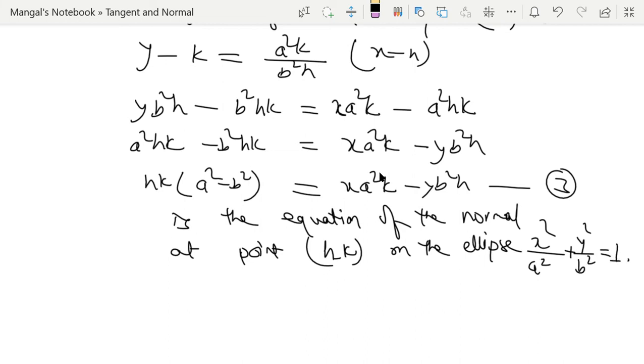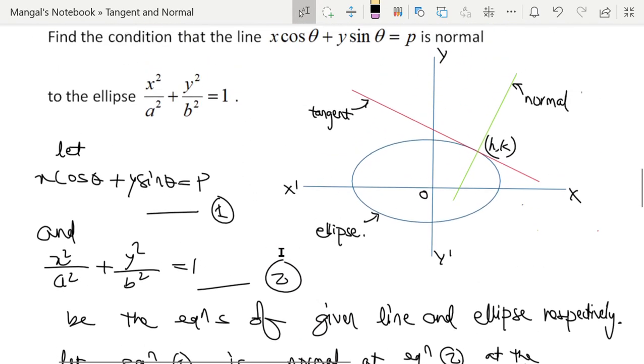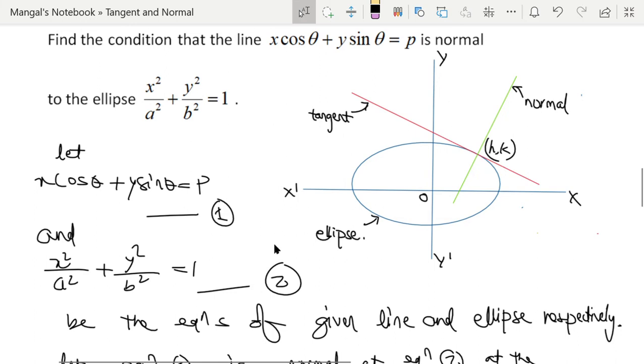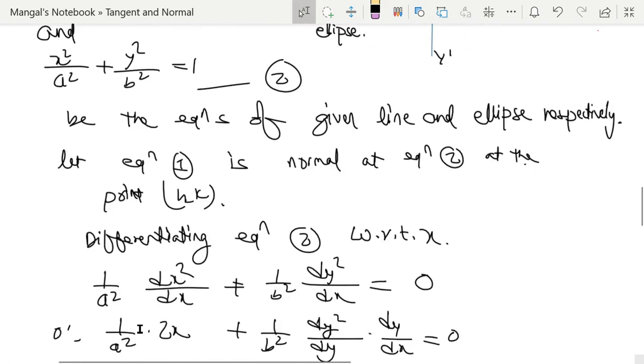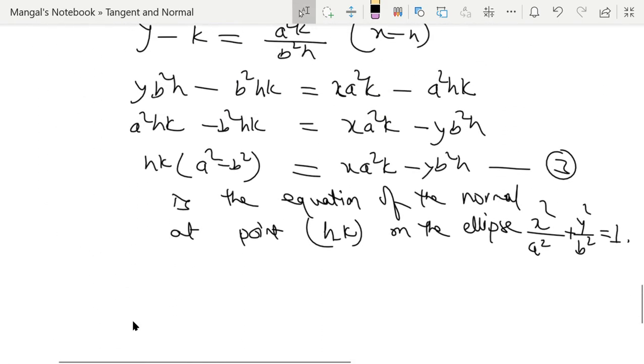So the equation of the normal we have found like this, and we have already noted the equation of the normal as x cos theta plus y sin theta equal to p, because this is about to be the normal on the ellipse. So equation 1 and equation 3 are identical.